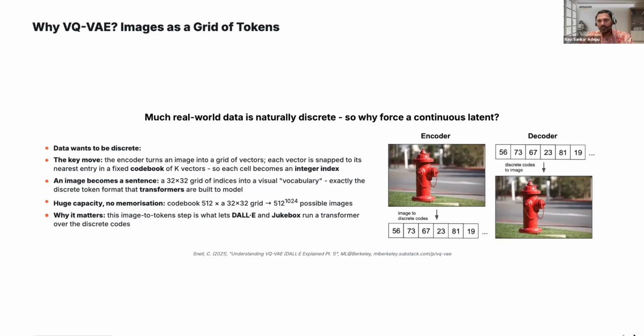And here is a practical kicker. Our most powerful model, that is the transformer, is actually built to chew on discrete tokens, not just continuous vectors, right?